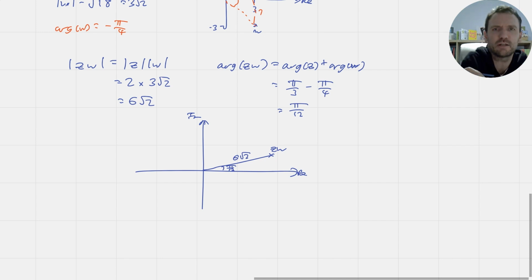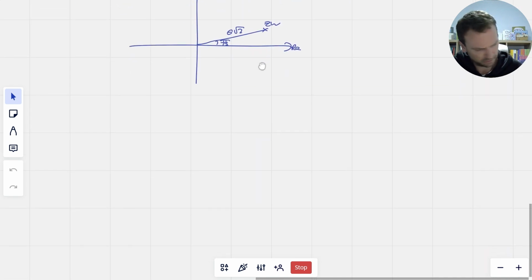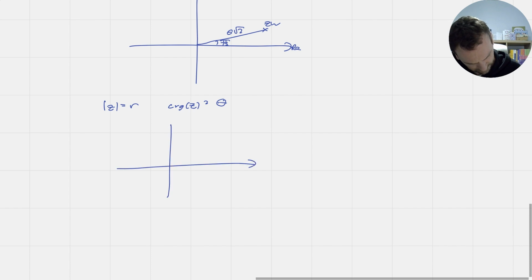I now want to look at what modulus argument form is. This is a phrase that gets used and you need to be familiar with. You might be asked to write a number in modulus argument form. So let's think, just in a general case here, let's imagine we have a number z where the modulus of z is r and the argument of z is equal to theta. I'm going to consider the simplest case first off for deriving this, but it will extend.